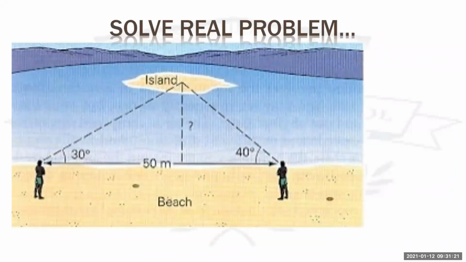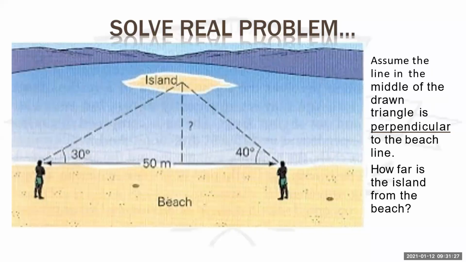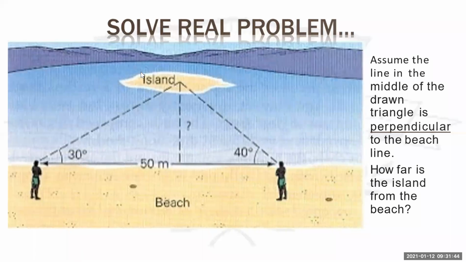Now check, to find the distance of an island from the beach, assume the line in the middle of the drawn triangle is perpendicular to the beach line. How far is the island? These questions are all answered with the help of trigonometry. Is this clear to all the students?